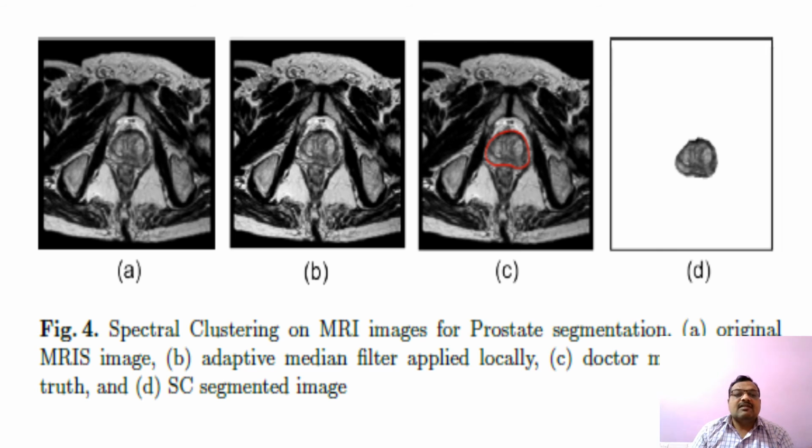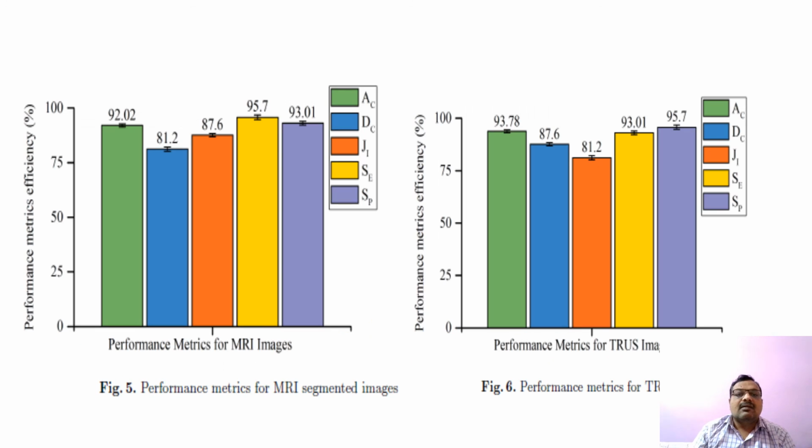This is an MRI image. A is the original image, second is the filtered image, third is the ground truth, and lastly we compare and get the segmented image properly. And lastly, if you observe, this is the performance of the MRI segmentation.